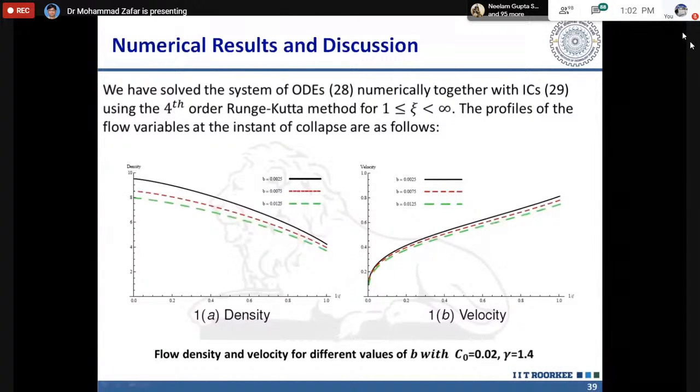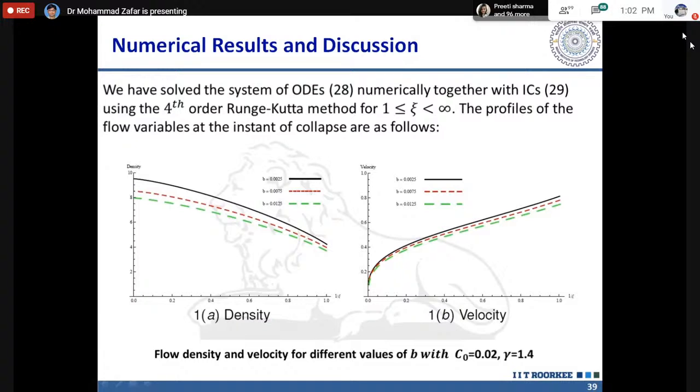So these are the results in the form of graphs. We have solved the system of ODEs 28 numerically together with the initial conditions 29 using the fourth order Runge-Kutta method from J equal to 1 to infinity. The profiles of the flow variables at the instant of collapse are as follows.